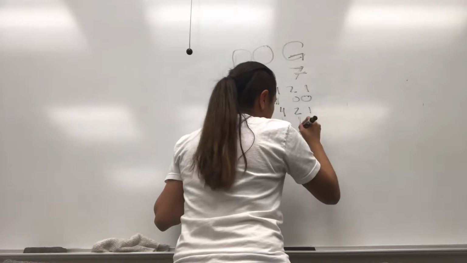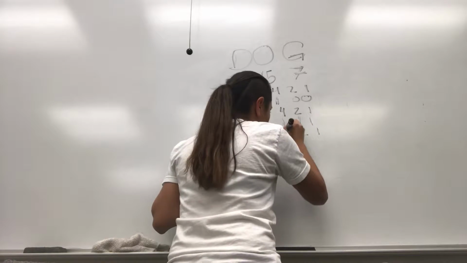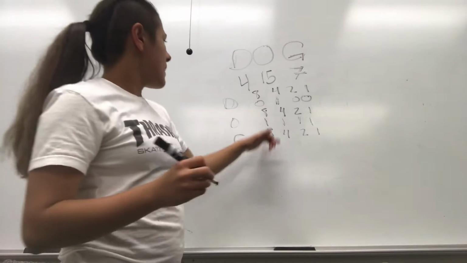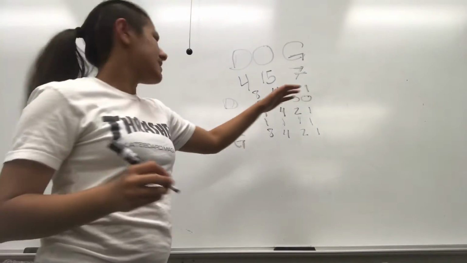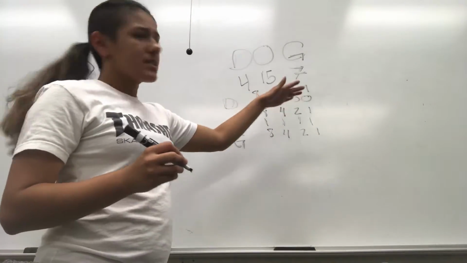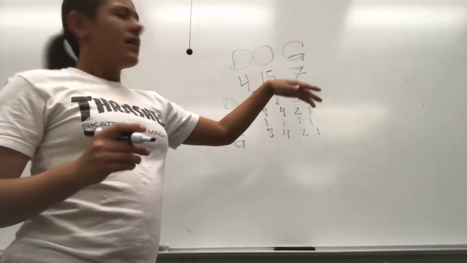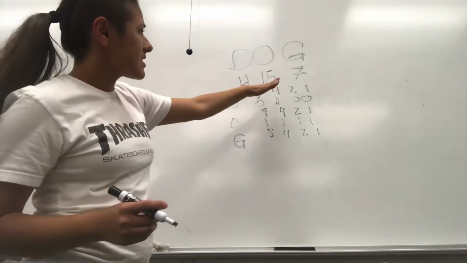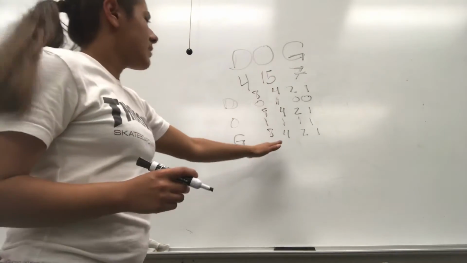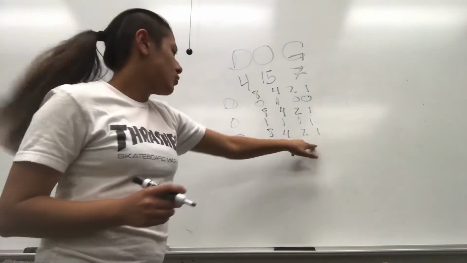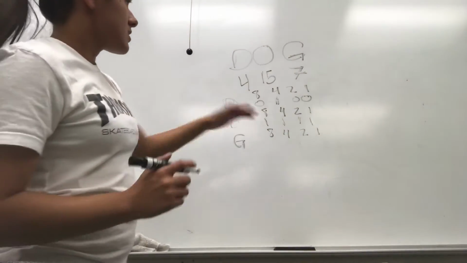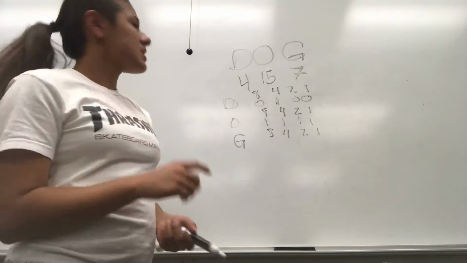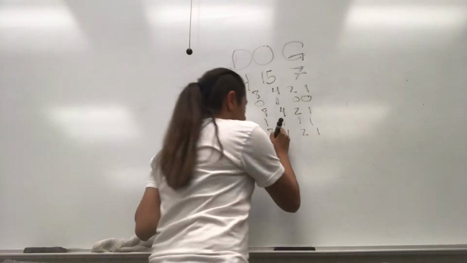Now if I want to do G, which is a 7, I will draw the table 1, 2, 4, 8. Now keep in mind that if the number is larger than, let's say, 17, then you would have to draw 16 and then 32. But since the numbers are lower, I am only writing 1, 2, 4, and 8. So 8 goes into 7 0 times.